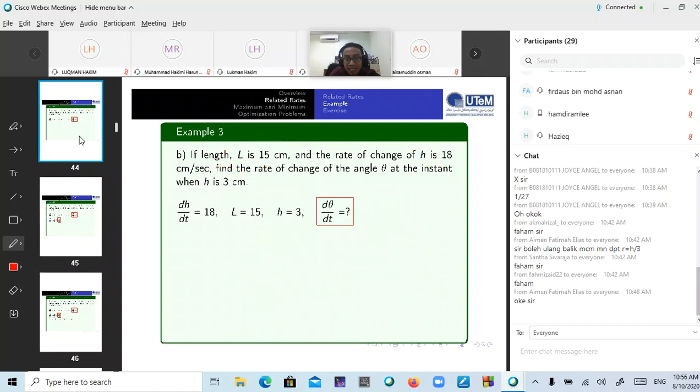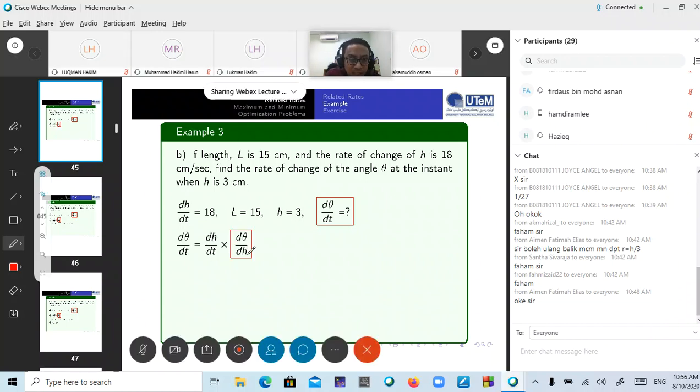Okay? So you list down semua sekali tu, you want to find dθ/dt. So gunalah formula yang ni. So dθ/dt equal to dH/dt times dθ/dH. So yang ni you nak cari. What is the question given? dH/dt.